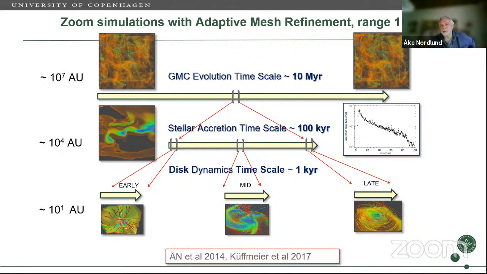In other words, you can actually simulate a giant molecular cloud's creation and destruction. But if you go instead to a size of 10,000 AU, which is the core size out of which a star system is formed, then you can perhaps only afford 100,000 years.